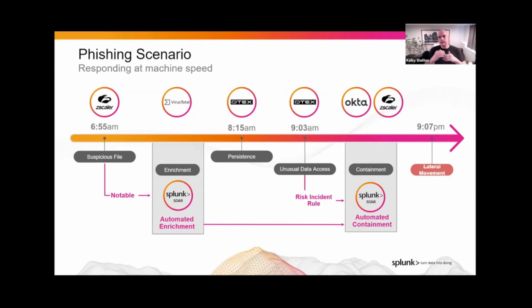SOAR does some additional checks to make sure that this is okay, and then proceeds to containment. And we point out Okta and Zscaler here because in this case, we're going to do some granular action containment on those tool sets. But of course, we have a variety of integrations available.